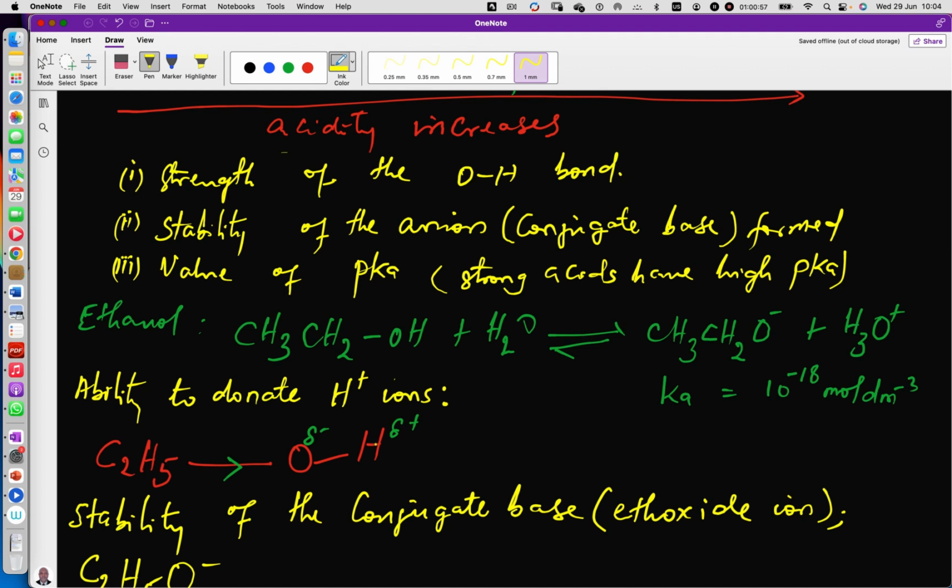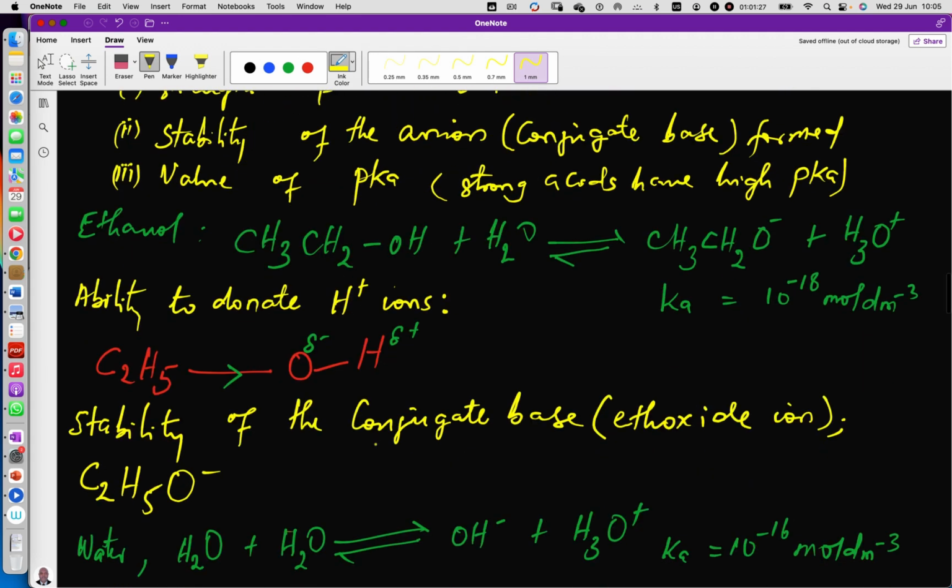When it donates electrons to the oxygen that is attached to the hydrogen, it makes the electron density, or the negative charge density, on the oxygen high. That gives oxygen and hydrogen a strong attraction, and that makes losing the hydrogen of the OH difficult, and that makes ethanol a weak acid.